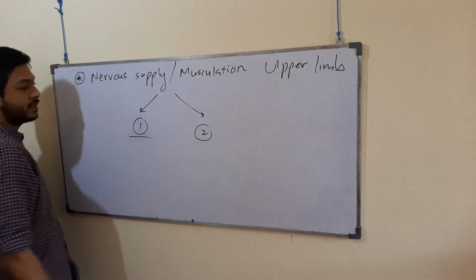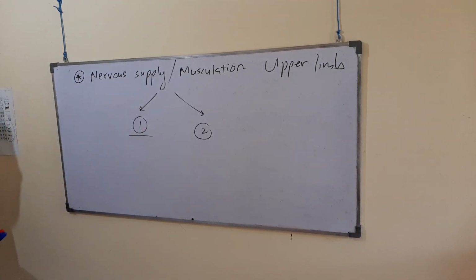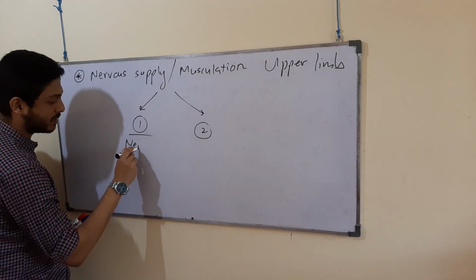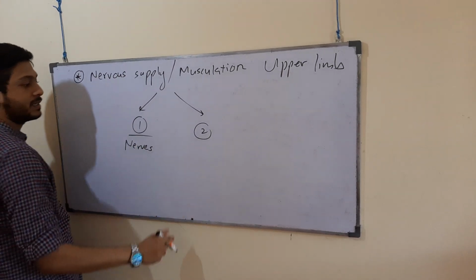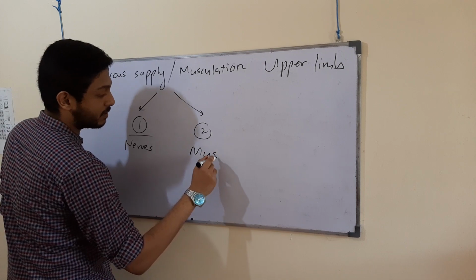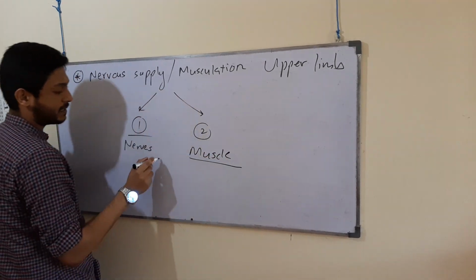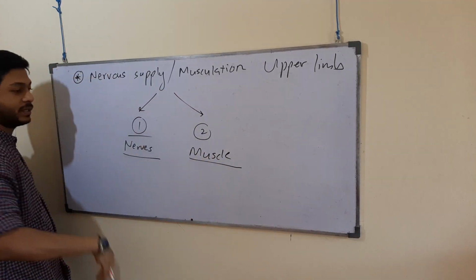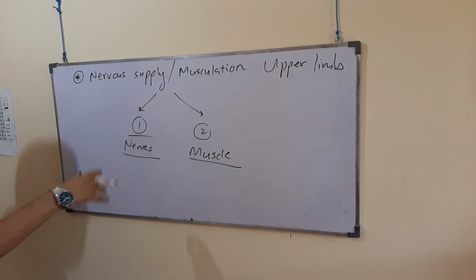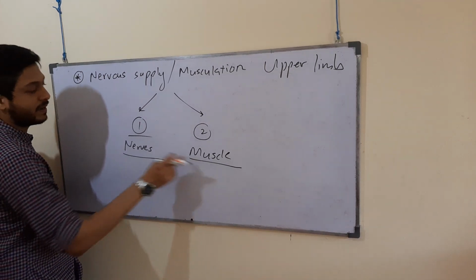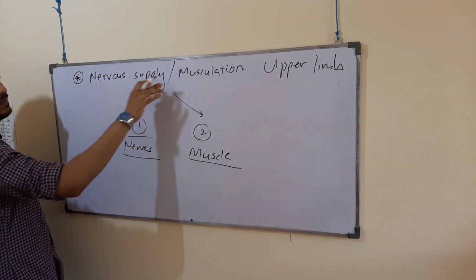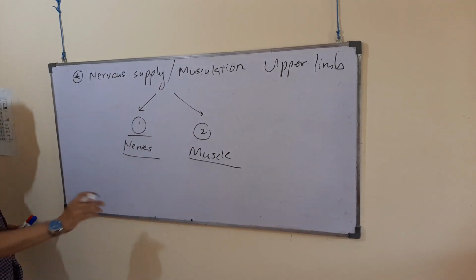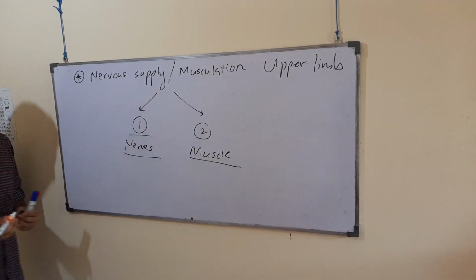In the first part, I will be discussing only the nerves which innervate the upper limb. And in the second part, I will be talking about the muscles, their action, their innervation, their insertion, and everything in detail, in relation with the nerves that innervate the upper limb. So just know that there are two parts in this topic.